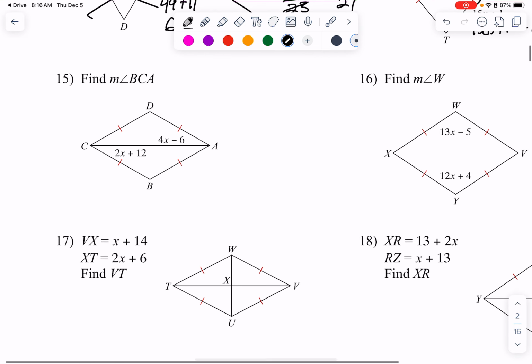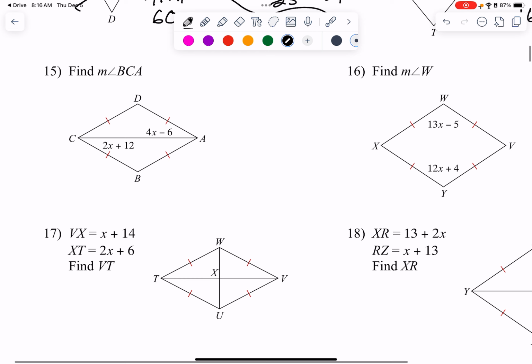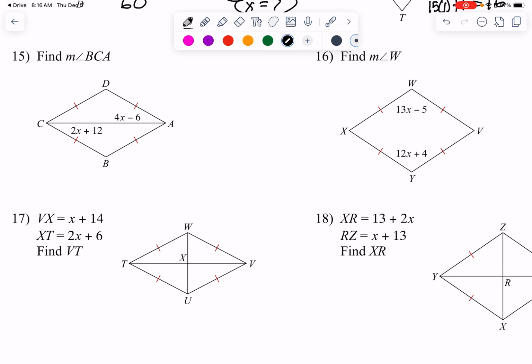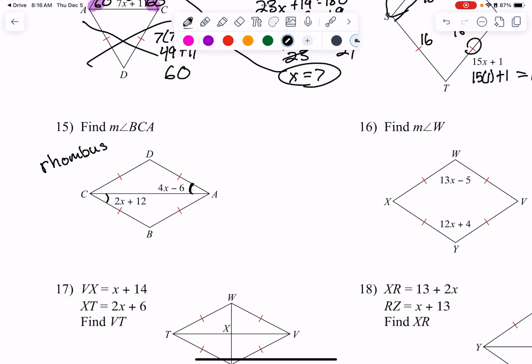All right, now we have some things with some symmetry going on. For each of these, I'm going to set it up, but ask you to kind of finish by plugging it in and finding some of the other information. This is a rhombus. And in a rhombus, we have a lot of symmetry. One of the things that we can say is it could rotate or reflect. And because it could rotate, those two angles are equal.